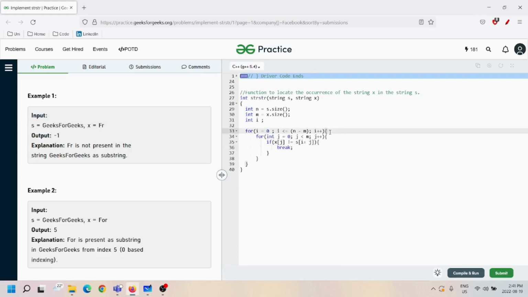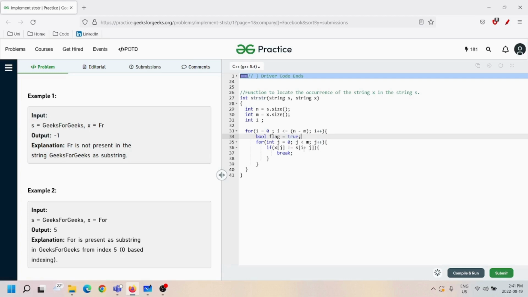Whenever we start comparing, we can just create a flag which tells us that we assume we will find the substring in our given string. That is the usage of this flag: it is basically telling us that you will find x in s.